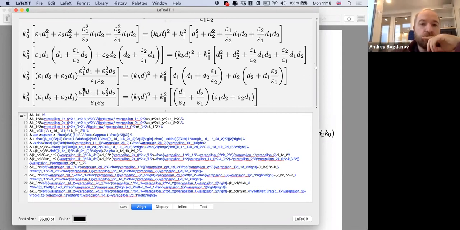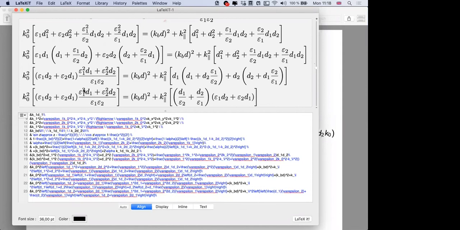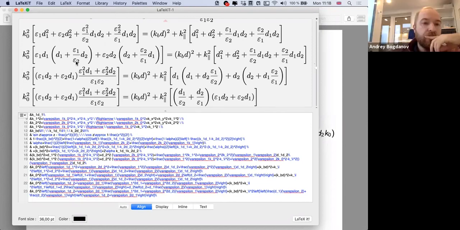Is it true? Yes. Just a moment. Epsilon 2 d2, epsilon 1 d1 ratio.